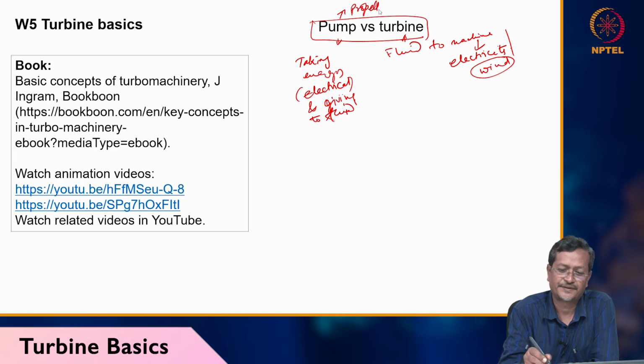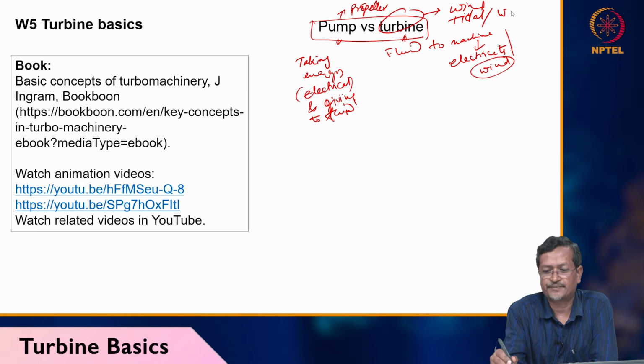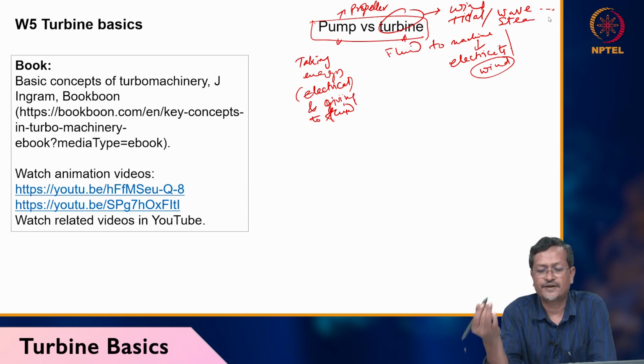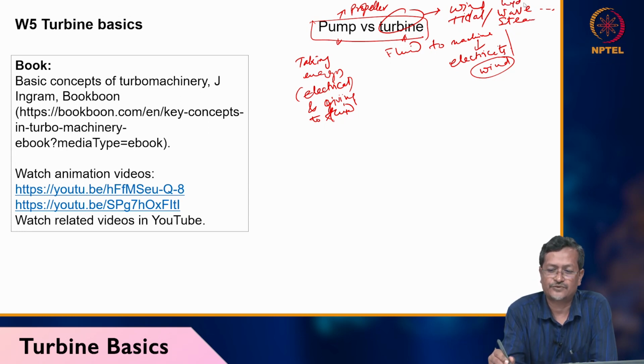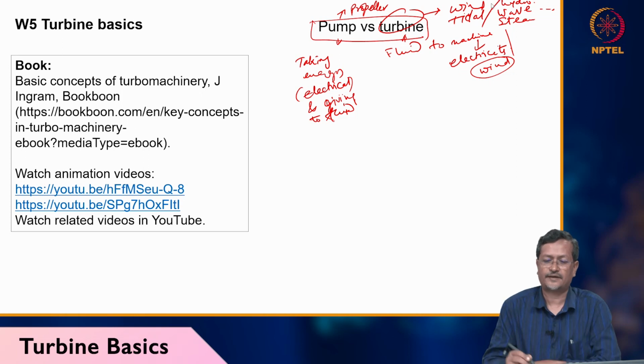Okay, and in turbine: wind turbine, tidal turbine, wave energy harvesting turbine, steam turbine. So there are different types of hydro turbine. Hydro means hydraulic, dam will be there.